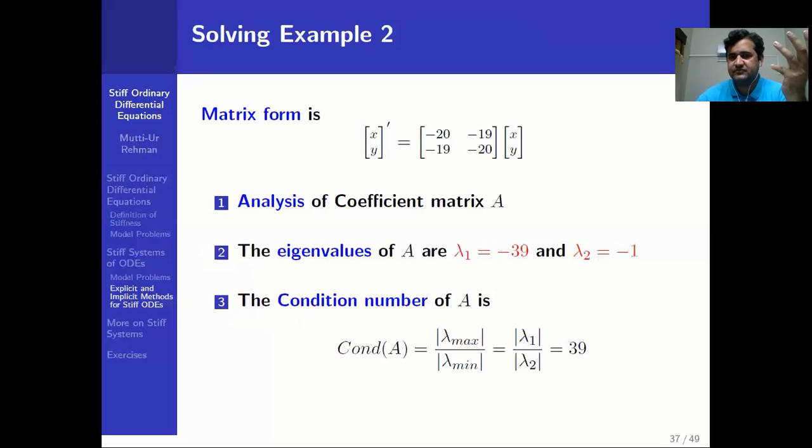And a condition number is mathematically the ratio of the absolute value of the relative stretching to the absolute value of the relative shrinking, because the max will tell you the stretching, and this will tell you the shrinking element. Okay.